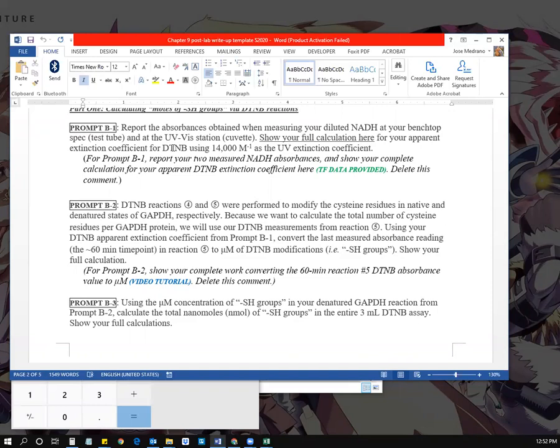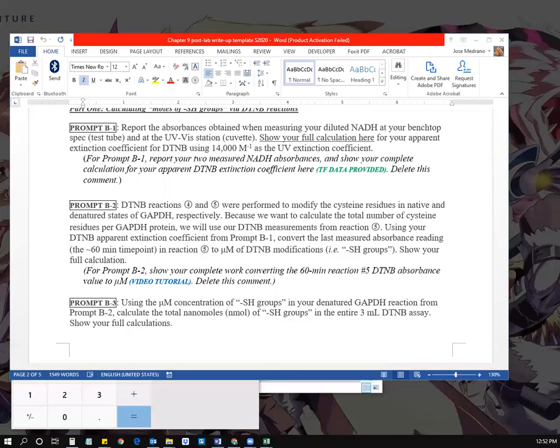DTNB only gives off a signal once it has reacted with a thiol group or a sulfhydryl group, so we're going to use NADH as a substitute for that. Remember that we measured DTNB absorption at 412 nanometers, but we're going to be using the values of NADH at 340 nanometers. But the concept is still going to be the same.